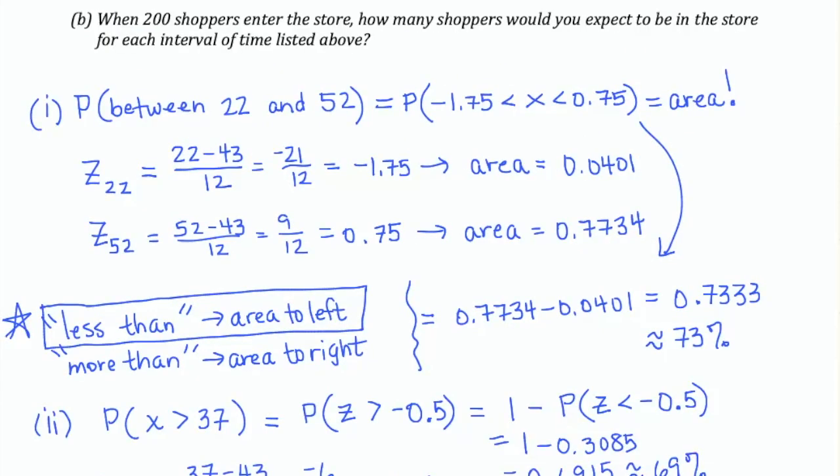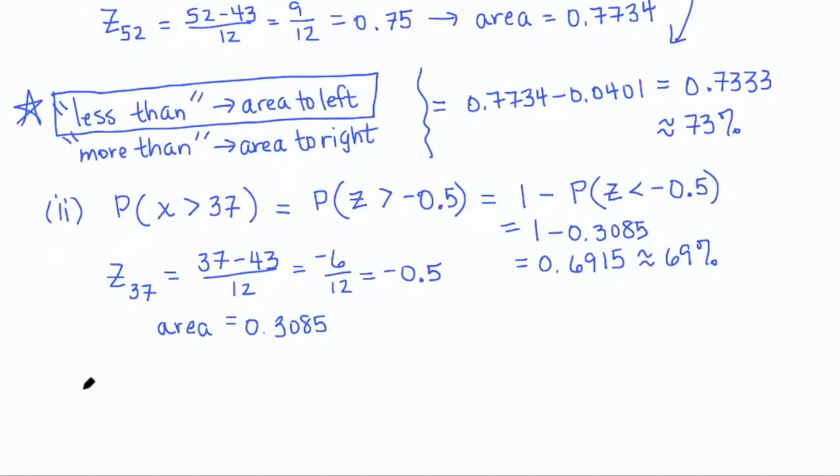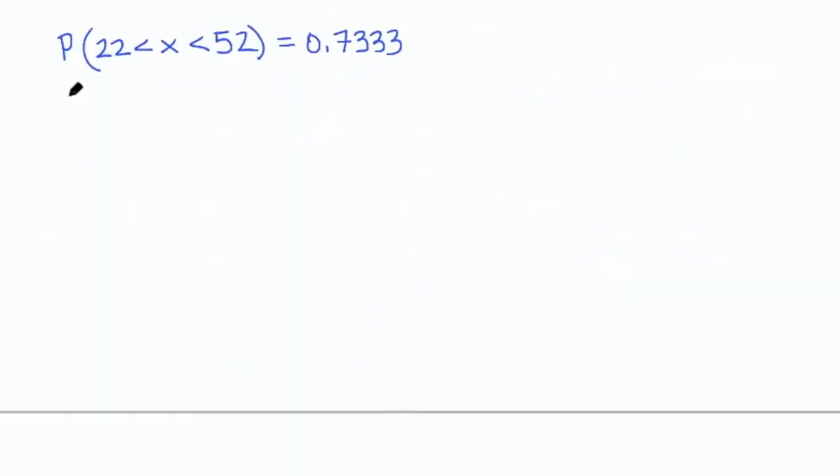Now we can add on an extension to this, which is part B here. Part B says, when 200 shoppers enter the store, how many shoppers would you expect to be in the store for each interval of time listed above? We found the probability that they spend somewhere between 22 and 52 minutes to be 0.7333. And we found the probability that someone spends more than 37 minutes to be 0.6915. Those correspond to just the percentages of any group.